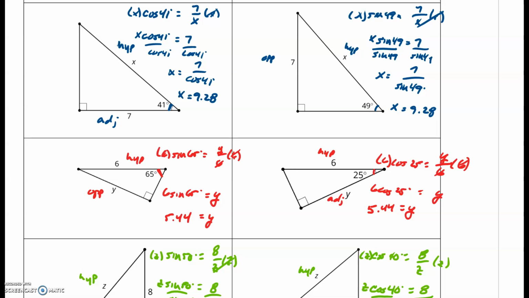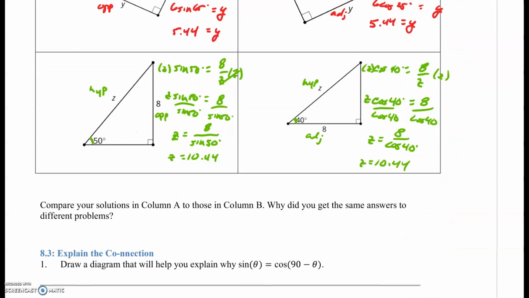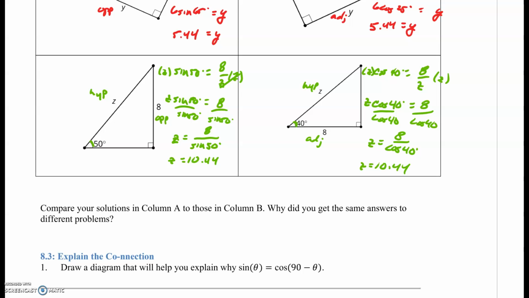My second set of triangles in both columns have the same value for the variable, as do my third. So I notice that the solutions in A match the solutions in B. And why is that?